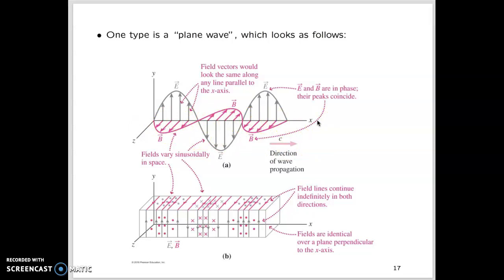Now, what we're trying to illustrate here, and this is kind of hard to visualize, hard to understand, but we're trying to describe something called a plane wave. To understand a plane wave, you have to refer down to this bottom picture here.